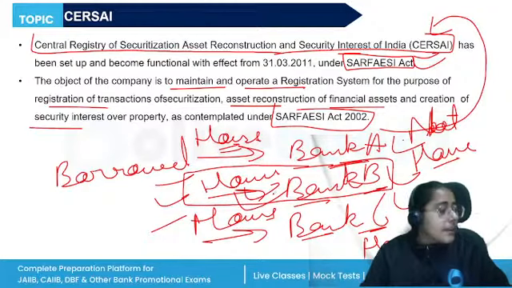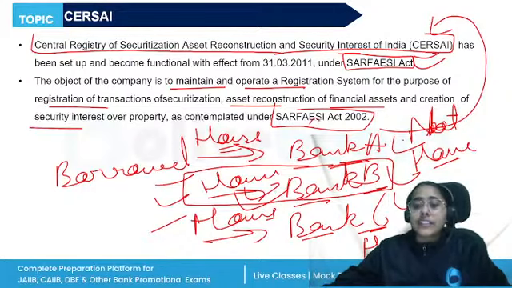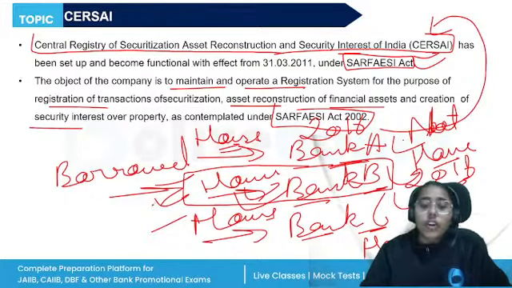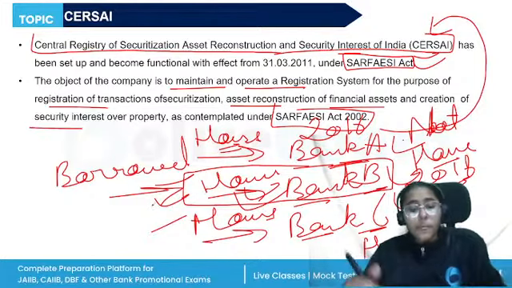So although Bank A had given the loan, let's say in 2016, and Bank B had given the loan in, let's say, 2018, the priority of payment will first come to the secured creditor who has first gotten the charge registered. This is the priority of payment.